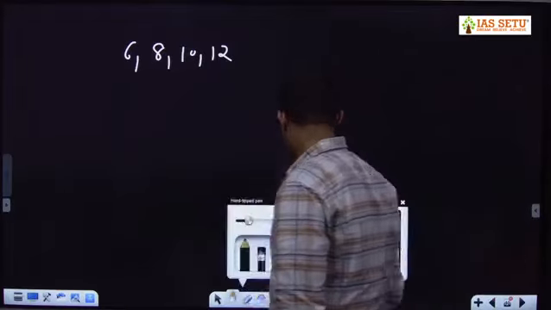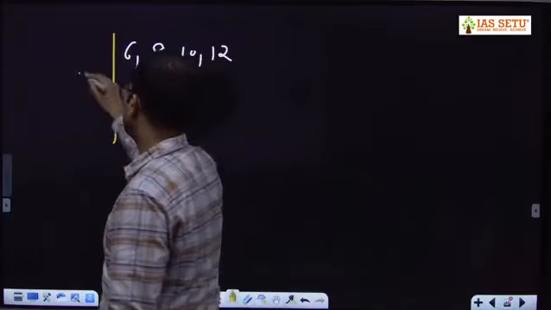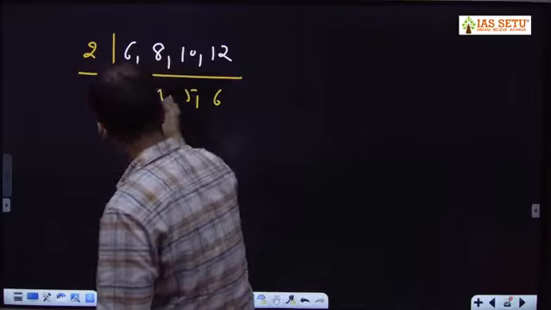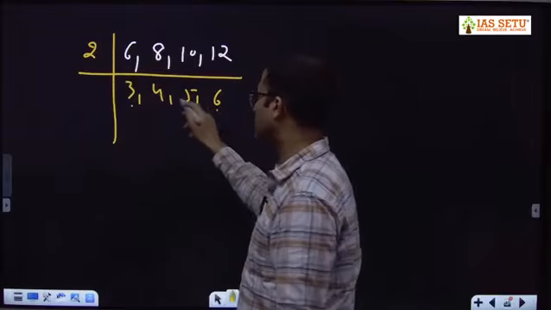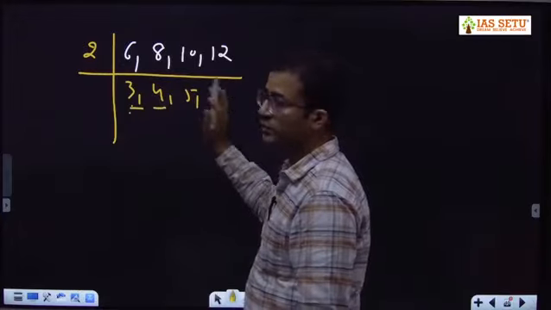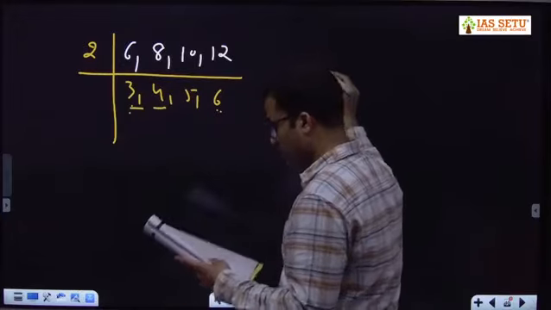Two, yes. So here 2 is common. We take 2 common. Now this is 3, 4, 5, 6. After that 3 and 4 are not giving, 3 and 6 are giving, 4 and 6 are giving, okay. But 3 and 4 have nothing common, so we stop. So answer is 2. Try this.